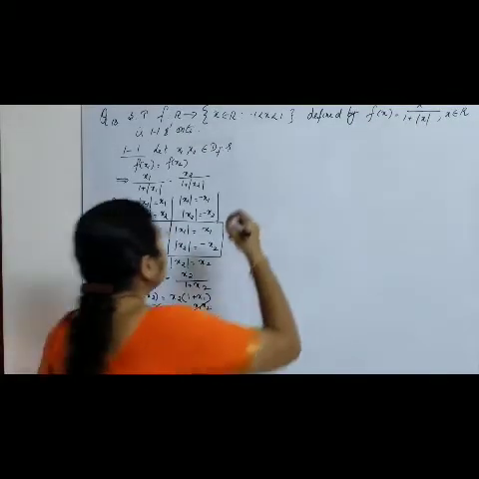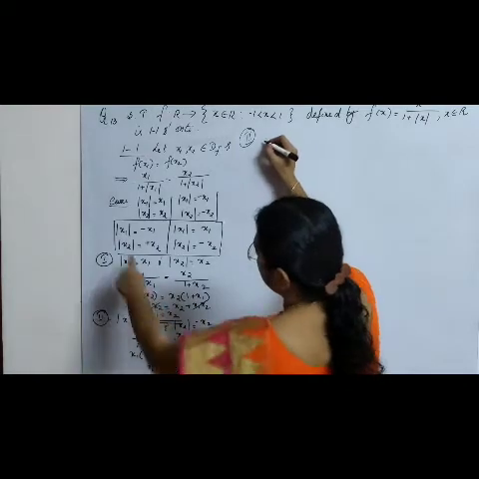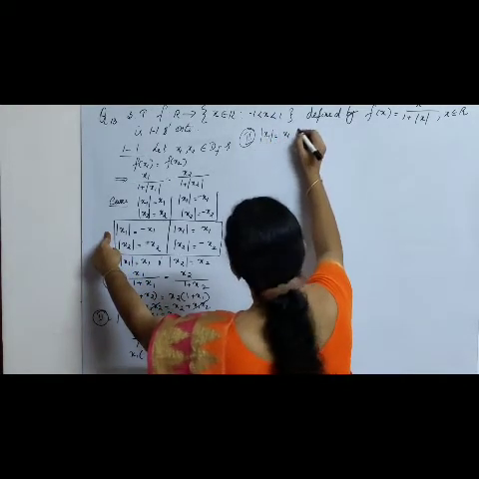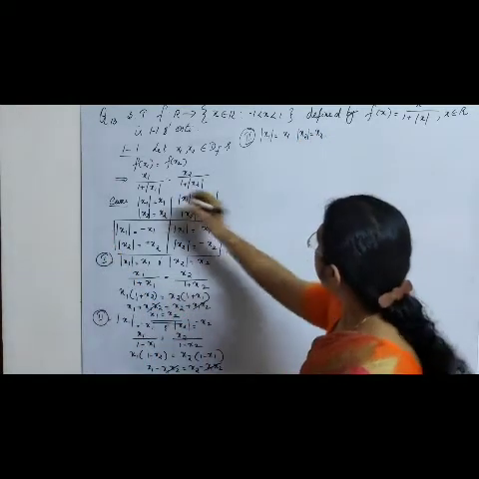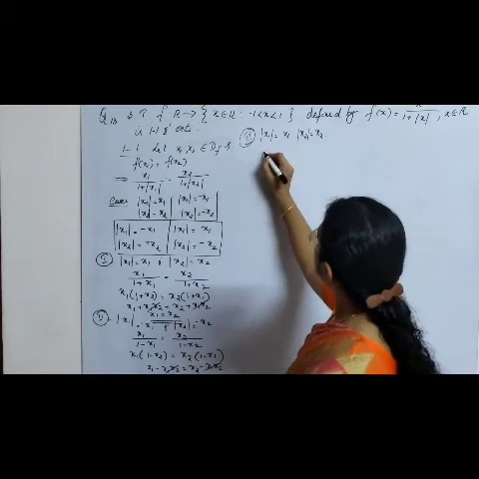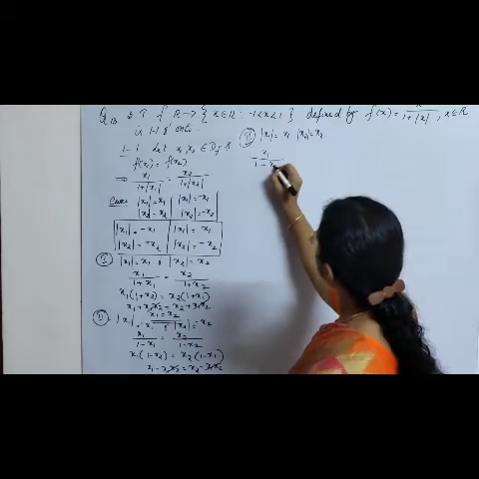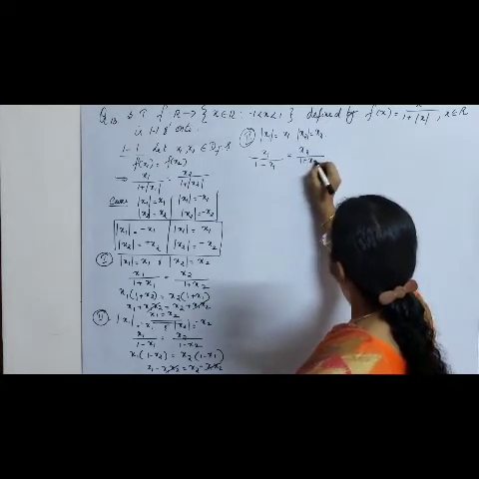So now coming to the third case. What is the third case here? When modulus of x1 is minus of x1 and modulus of x2 is positive x2. Okay, so coming over here in this function, x1 by 1 minus x1 is equal to x2 by 1 plus x2.